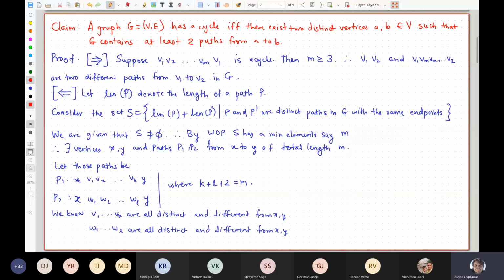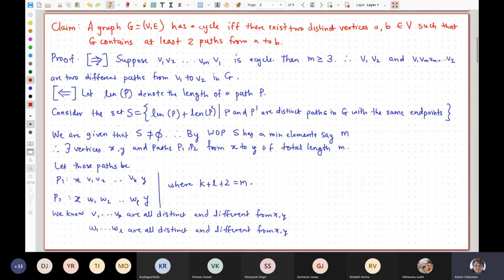Okay, so the other part. Suppose the graph G given to you has two paths between some pair of vertices. Let len of P denote the length of the path P, which is the number of hops that you take in the path.